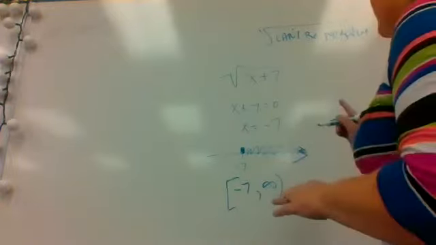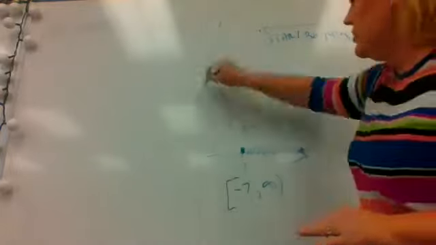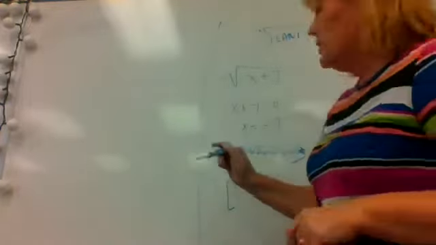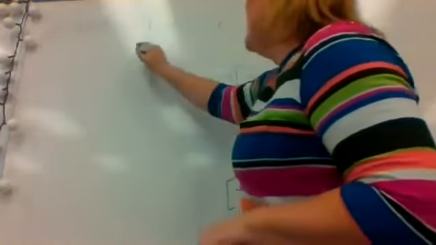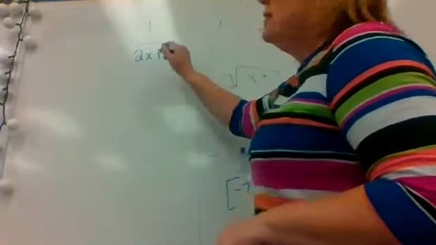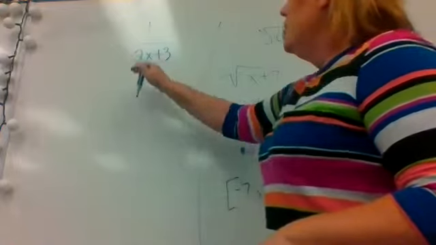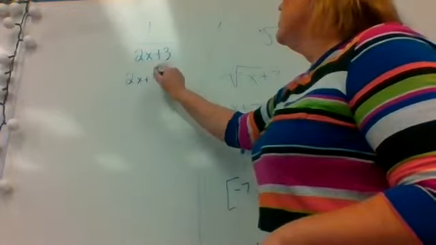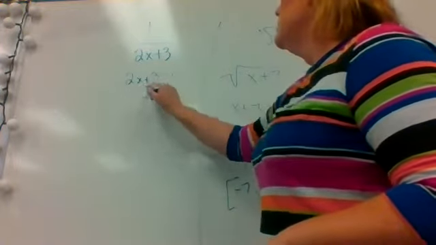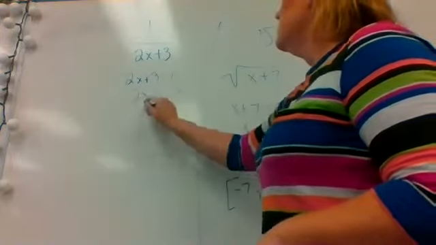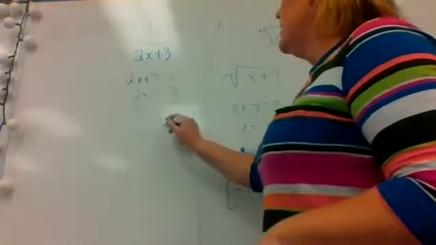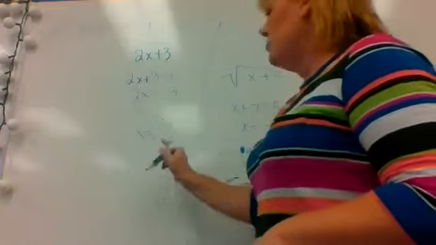Okay? Now, the other part that I talked about just a minute ago, I don't know if y'all could hear me or not, but you can't have a 0 in the bottom of a fraction. So you set this equal to 0. And you get -3/2. That's the number that makes it 0.